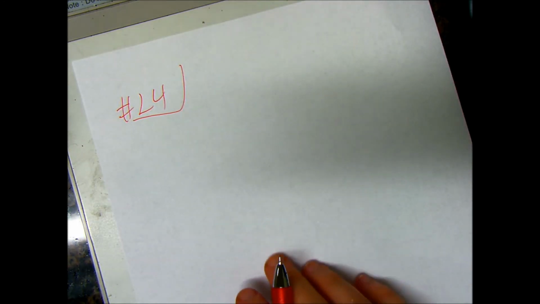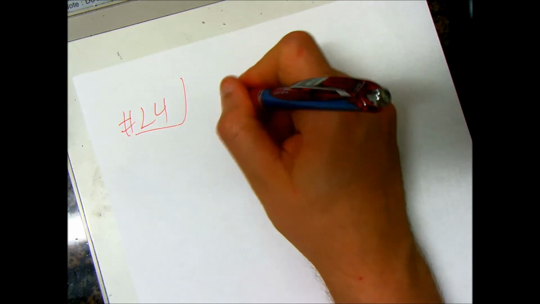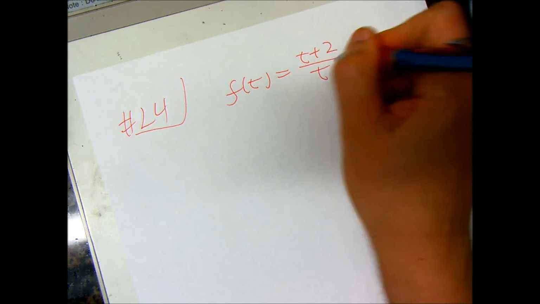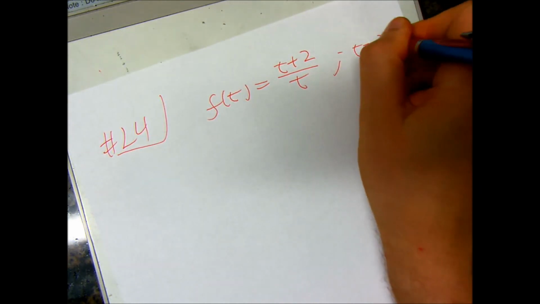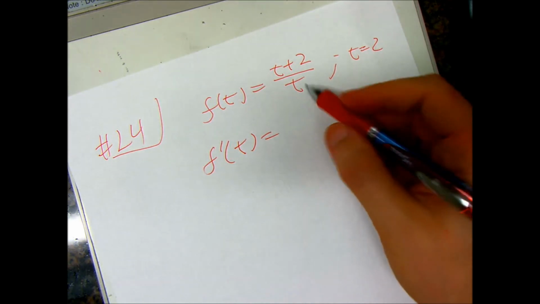Finally, number 24. Find the instantaneous rate of change of the position function in feet at the given time. Instantaneous rate of change is just another fancy way of saying the velocity. So this is my position function. All it's saying is take the derivative and plug in 2 when you're done. So this is going to be a quotient rule.